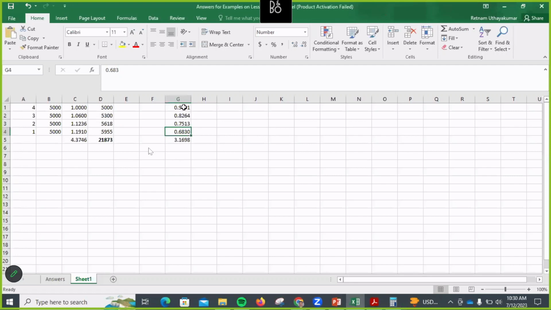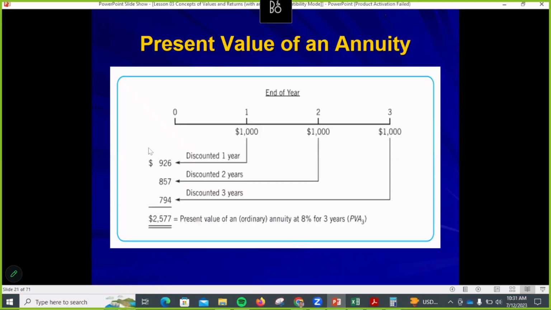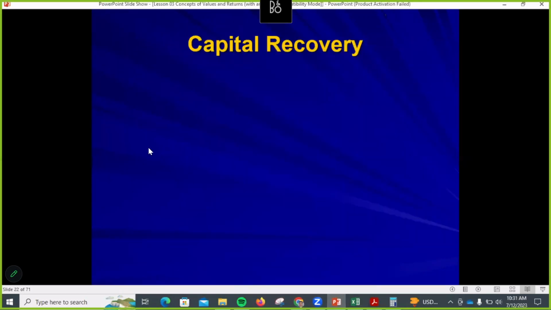So easily you can add all these things and get the factor. So this is present value of annuity.